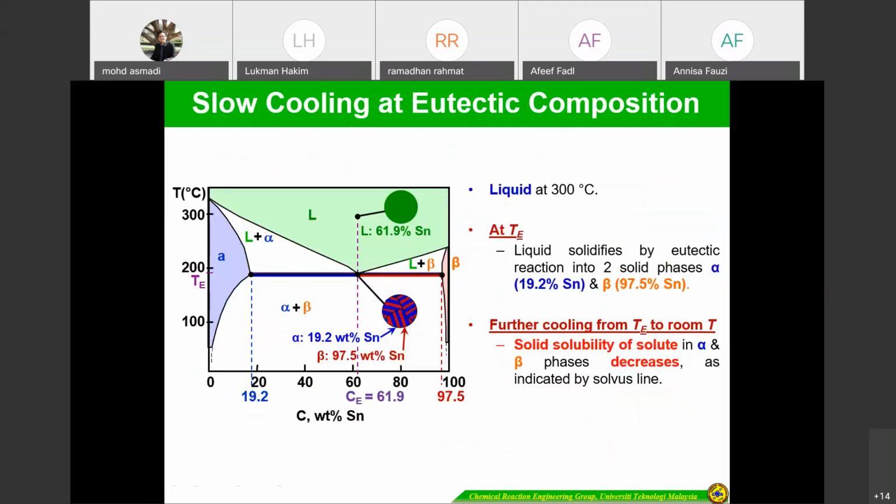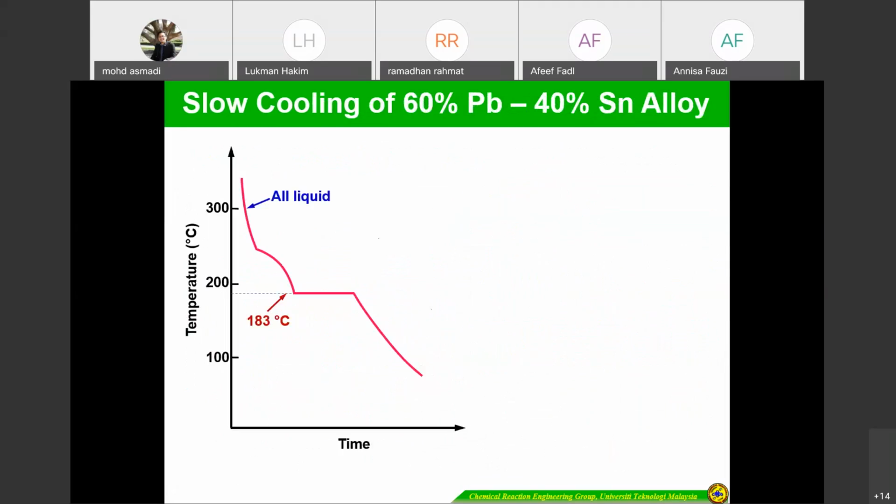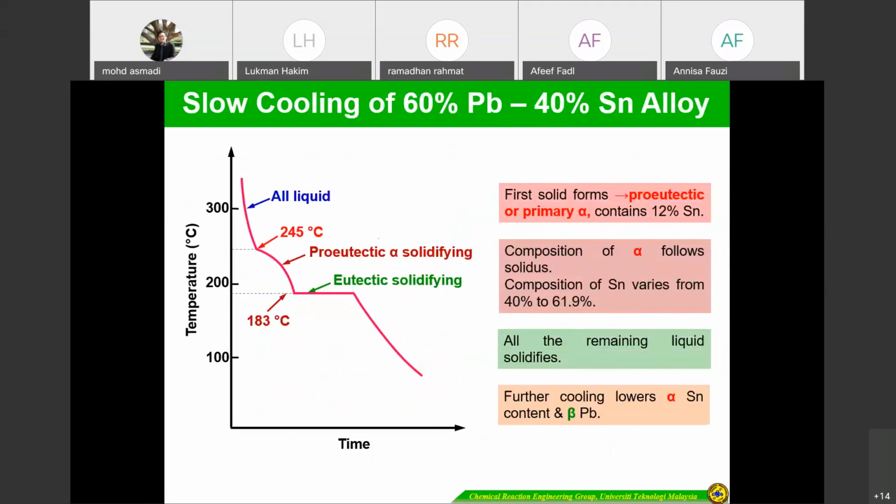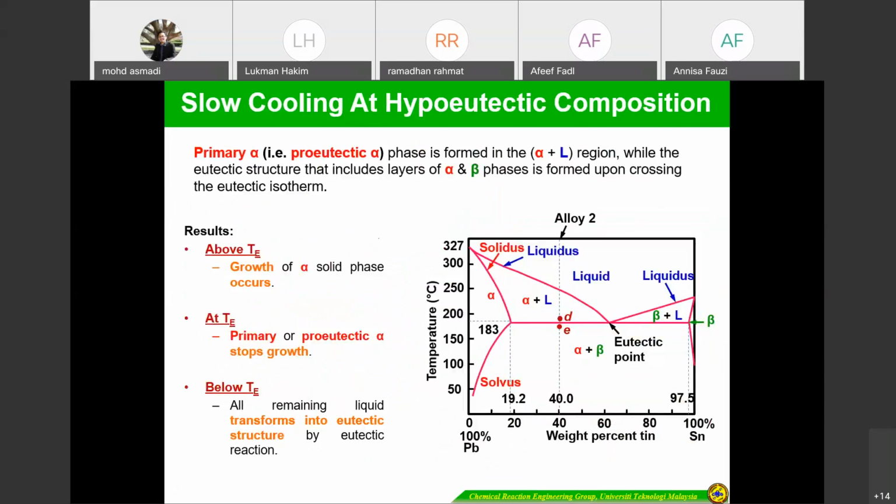At the eutectic point, this is just an introduction about the eutectic phase. Next week we're going to discuss further how to calculate the phase fractions, as well as the difference between primary eutectic and pro-eutectic.